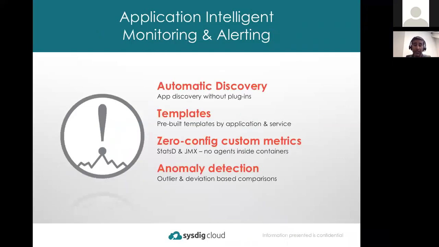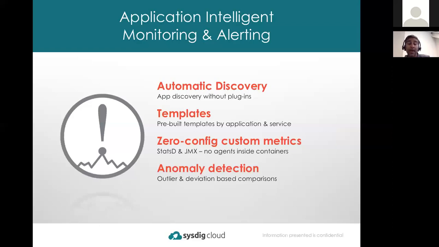Okay, so we just talked about service-oriented performance management, and being able to aggregate the containers into views that really matter to your services. We also do application-intelligent monitoring and alerting, and one of the things that container vision gives you, as we talked about, is the ability to see inside the container and understand what app is actually running inside there.